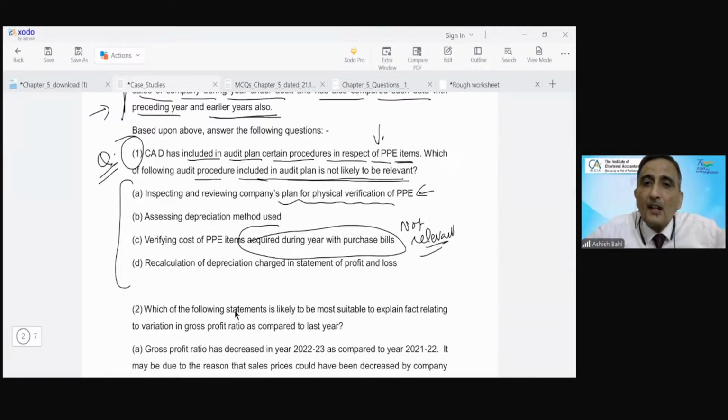And recalculation of depreciation charge in the statement of P&L is very much relevant, to verify that depreciation has been calculated correctly and accurately. Now, the remaining step is not necessary in this situation.